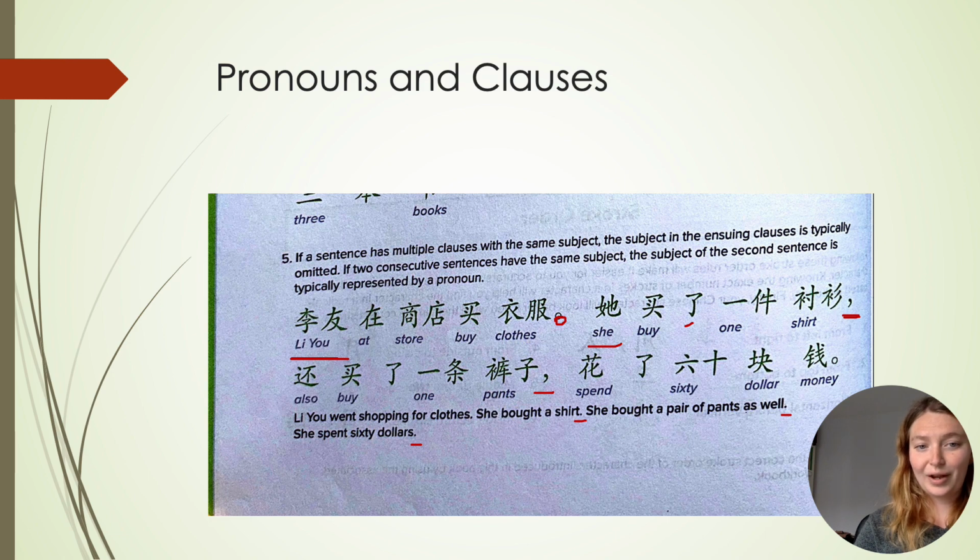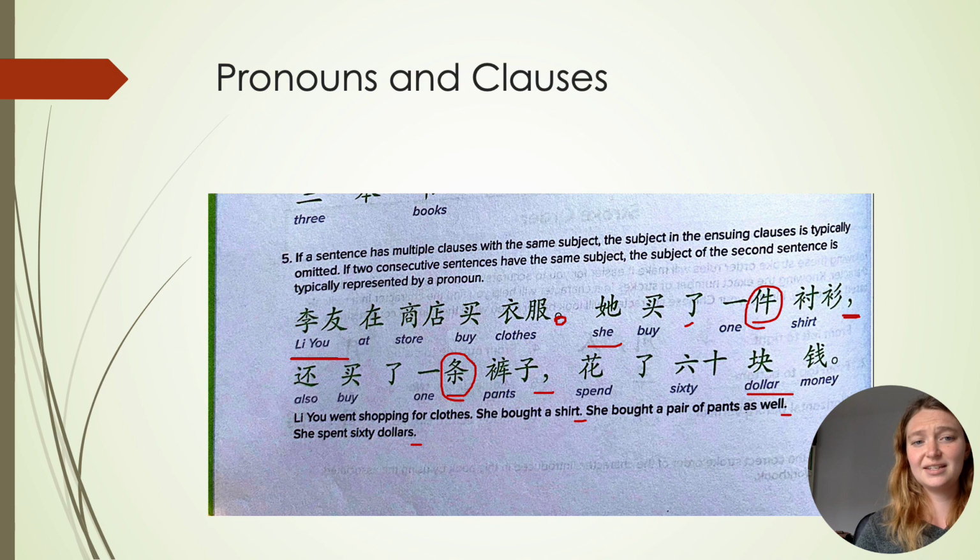Also buy one pants. 花了60块钱. Spend $60 money. $60. And actually, 块 is not really dollar. 块 is the Chinese word for money, so it's not quite the same as dollar. Here are those measure words I was talking about, though. 一件衬衫 and 一条裤子. So 条 goes with pants, 件 goes with shirts.